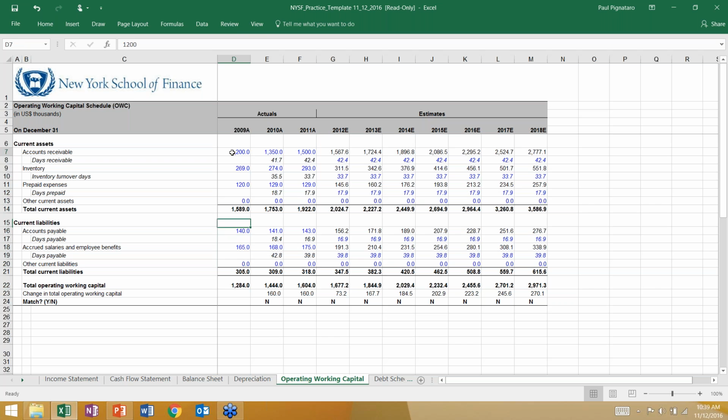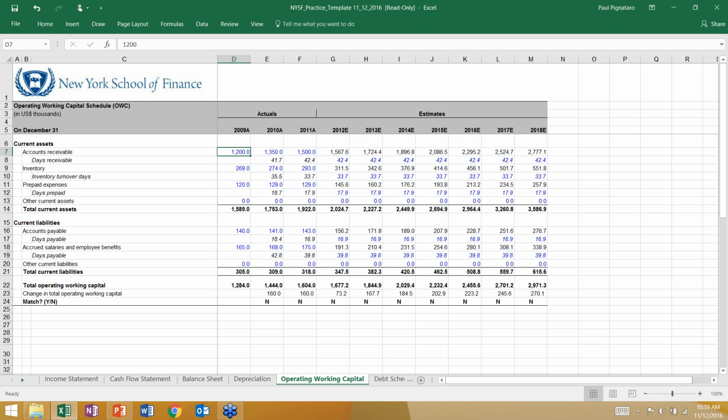Okay? Assets are different. If an asset goes up, that means cash is going out. Remember, if liability goes up, cash goes up. If asset goes up, cash is going down. Think about buying an asset. If you buy an asset, you spend money to get the asset. Cash down, asset up.